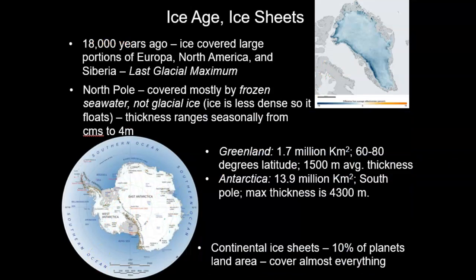About 18,000 years ago, glacial ice actually covered much more than just Greenland and Antarctica. Many other ice sheets were spreading throughout North America, throughout Europe, and throughout Siberia as well. This time in Earth's history, we call the last glacial maximum.